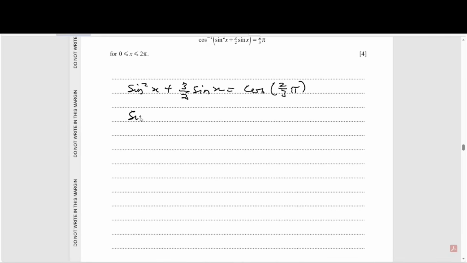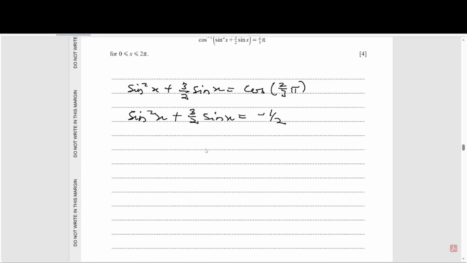We have sine squared of x plus 3 over 2 sine x. And then cos of the test by has to be negative half. So negative 1 over 2.